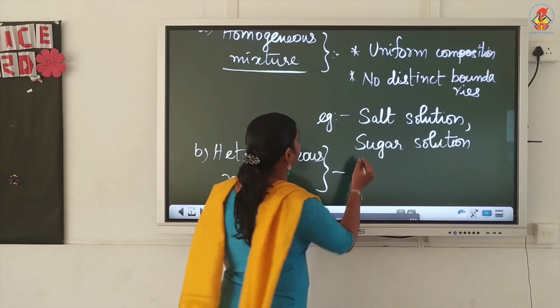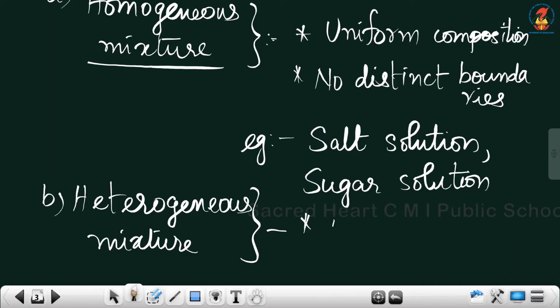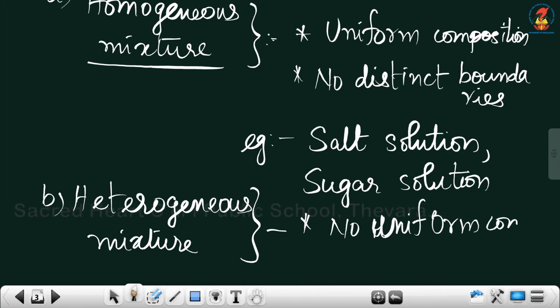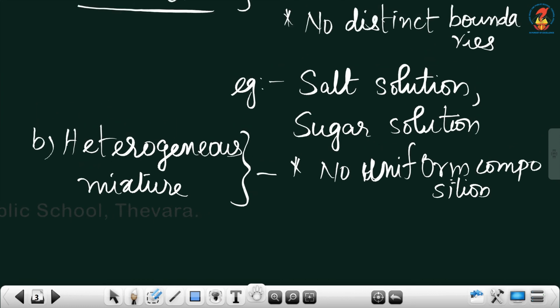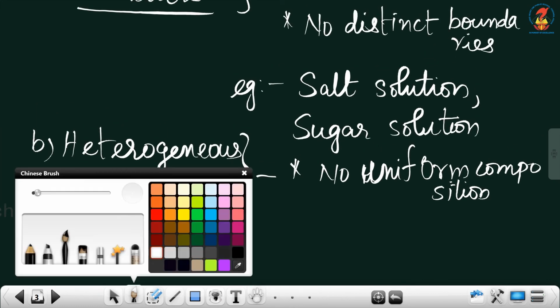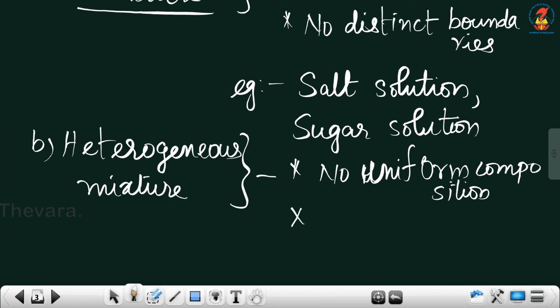So the points we can see: no uniform composition, and distinct boundaries are there.